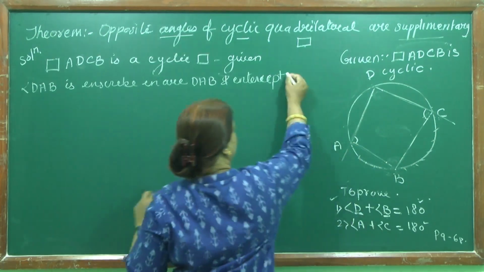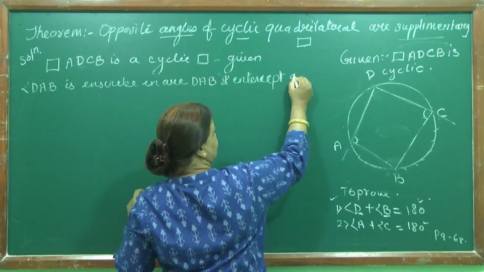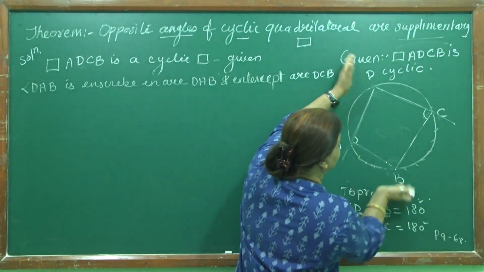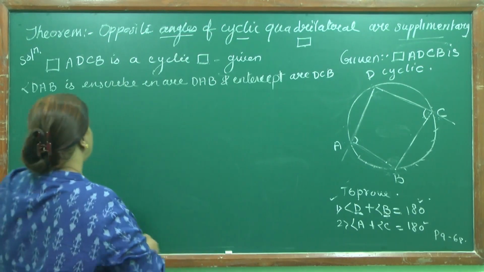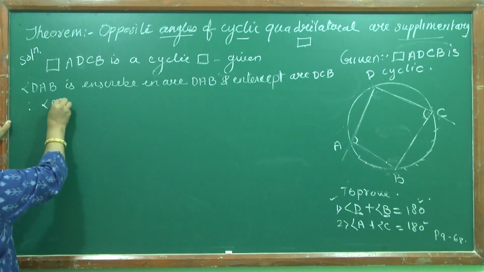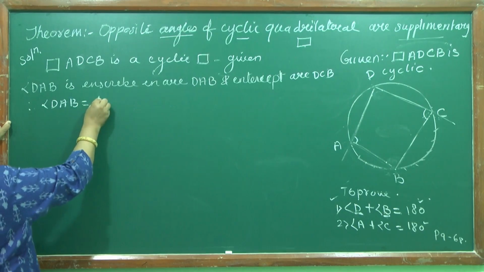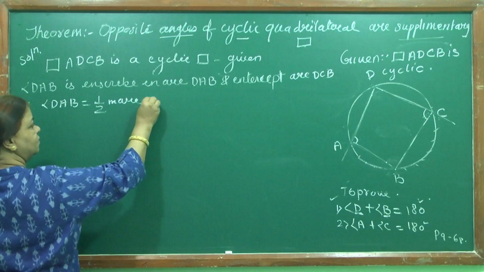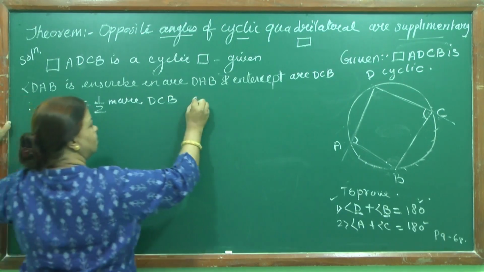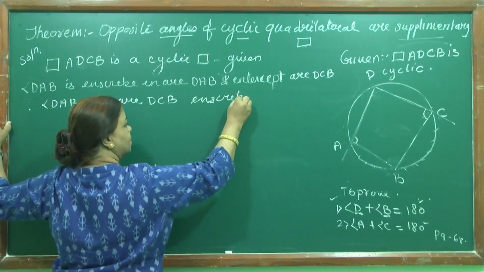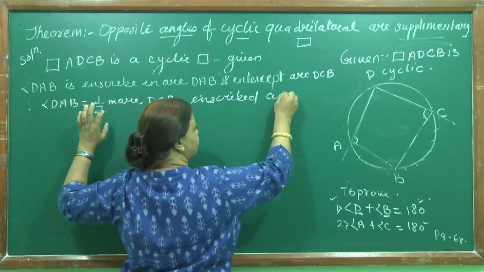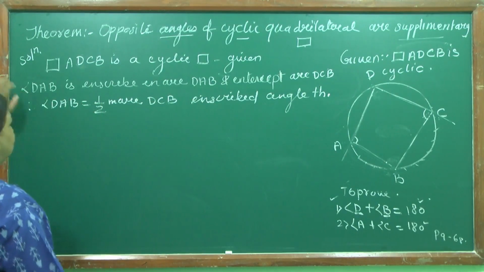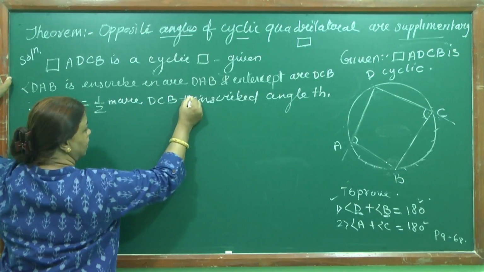DCB. Yes, this angle is covering this arc and therefore angle DAB is equal to half of major arc DCB. And which is the theorem? Inscribed angle theorem. Now this is your third statement.